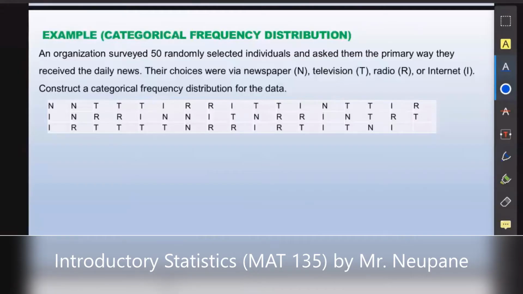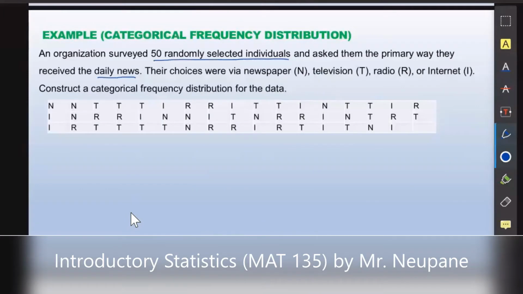Okay, here is our first example. And in this example, we are going to make the frequency distribution for the categorical data, which is not numerical. So let's see what is going on in this problem. An organization surveyed 50 randomly selected individuals, that is the total number of observations here, and asked them the primary way they receive daily news.